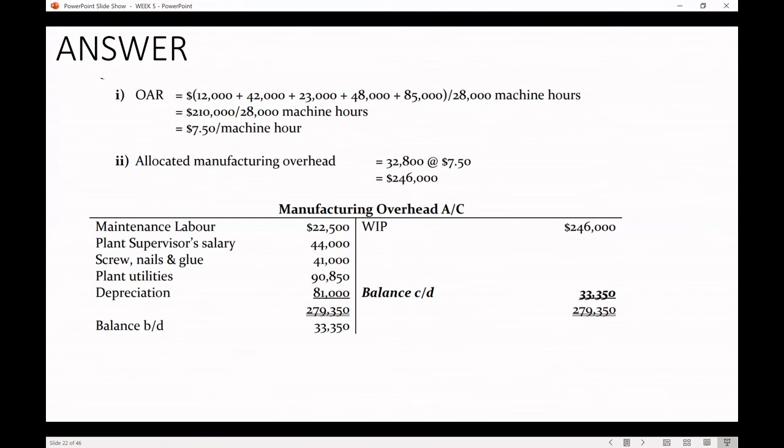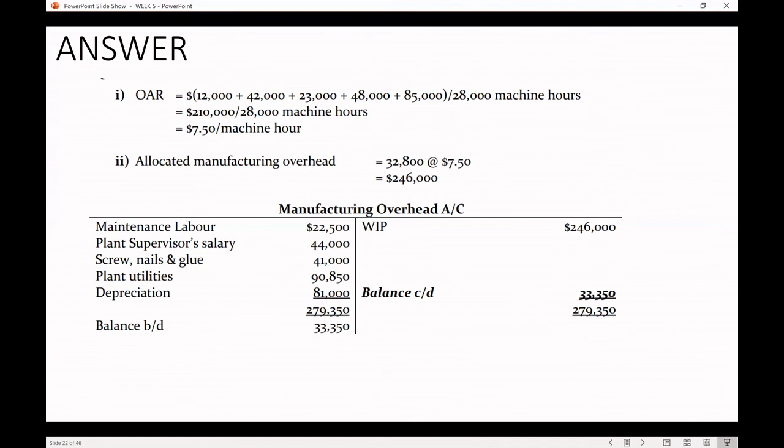For one, we should know that something is going to go to the manufacturing overhead account. We're either going to debit or credit it because it is the account that we're closing, that we're disposing of. Looking at the manufacturing overhead account, where is this variance? What side is it on? It's on the credit side.